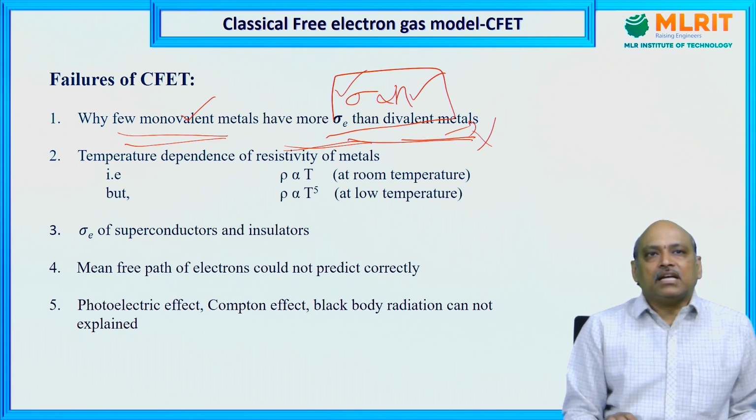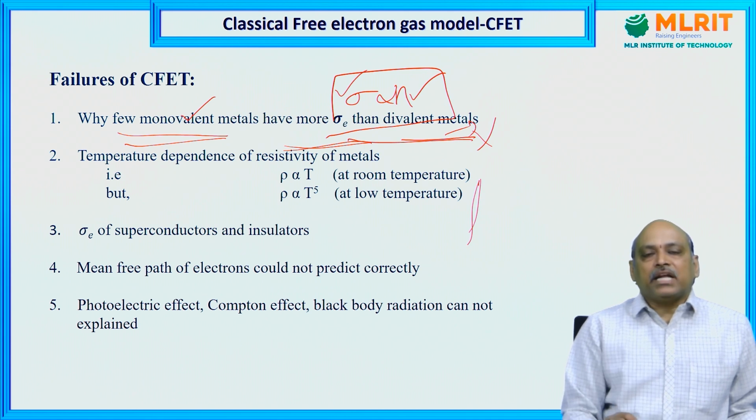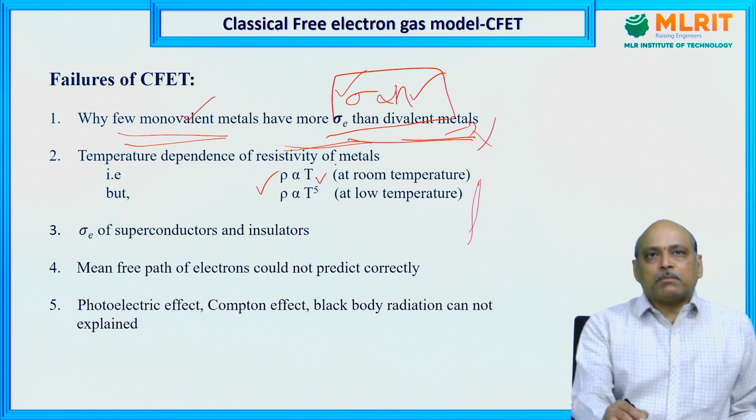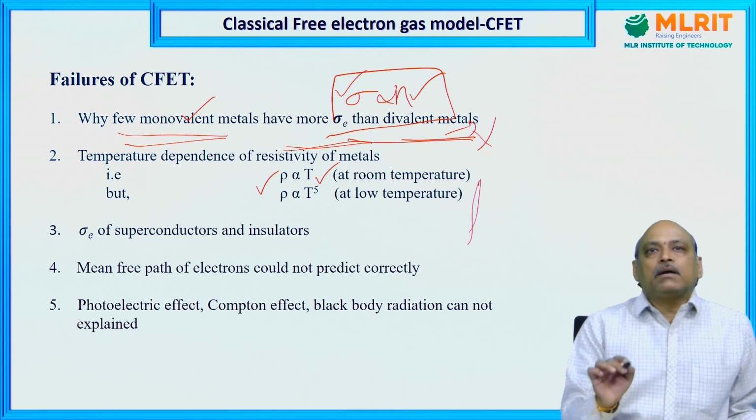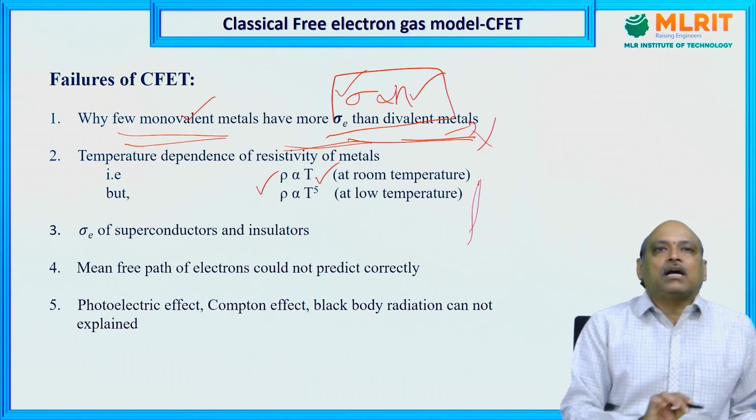The second failure is that the temperature dependency of the resistivity of metals is also not explained clearly by this theory. For example, take resistivity as rho. Rho is directly proportional to the temperature: if temperature increases, the resistivity of the metal also increases.